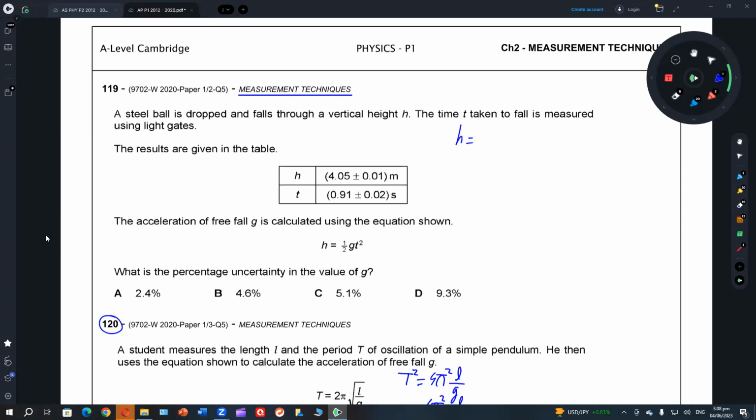So I have the equation. So it's a percentage uncertainty in g.